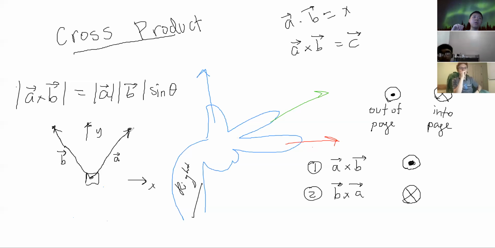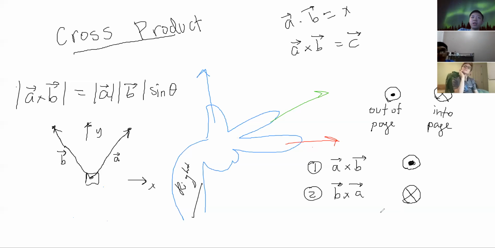C is always going to be perpendicular, but to determine which way, you can use the right-hand rule. So A cross B points out of the page, and B cross A points into the page.